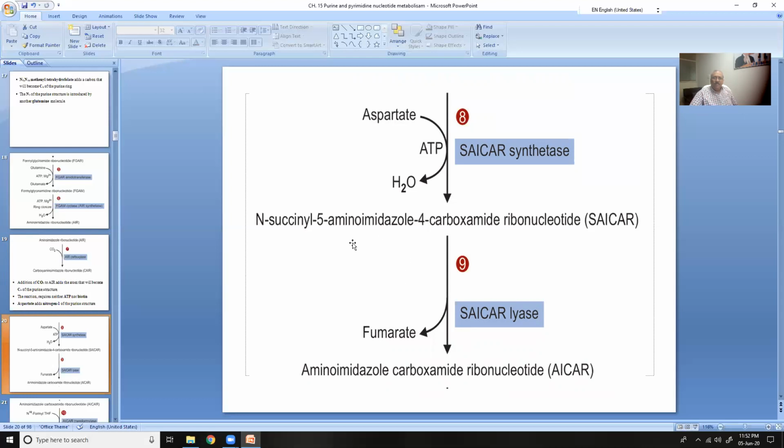Then fumarate is removed, and what we are getting? Aminoimidazole carboxamide ribonucleotide, AICAR. SAICAR lyase, SAICAR synthase. Okay, you will have to remember this.